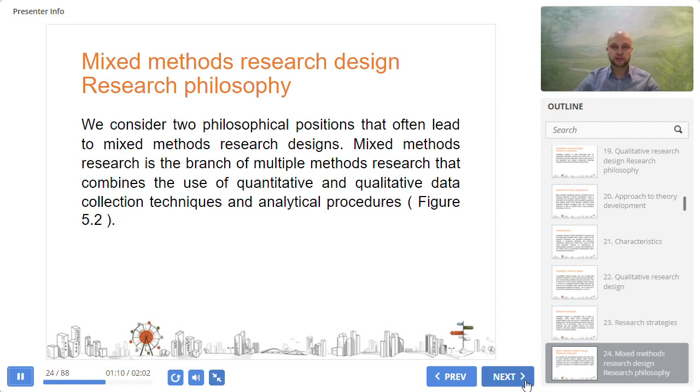Pragmatism may also be likely to influence a mixed methods research design. Pragmatists view the exclusive adoption of one philosophical position as unhelpful and choose instead to see this as either end of a continuum, allowing a choice of whichever position or mixture of positions will help them to undertake their research.